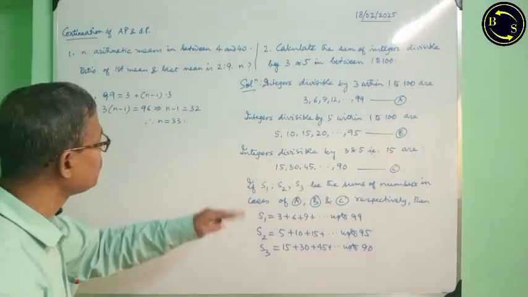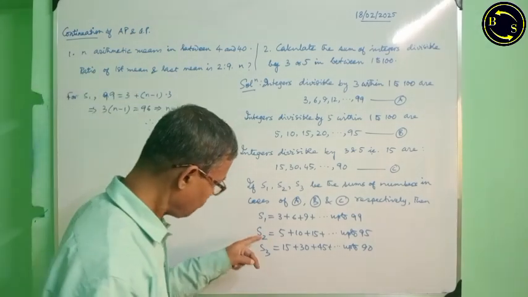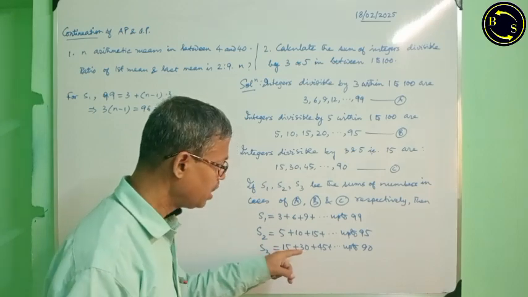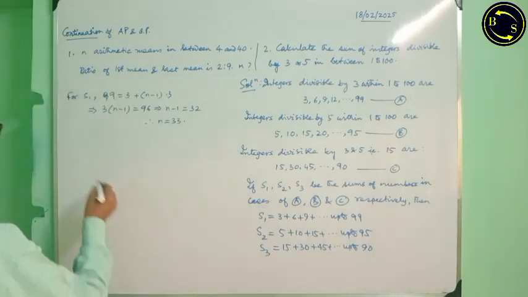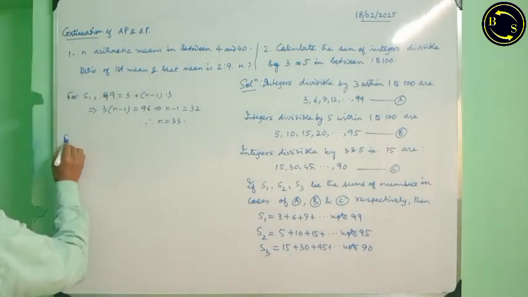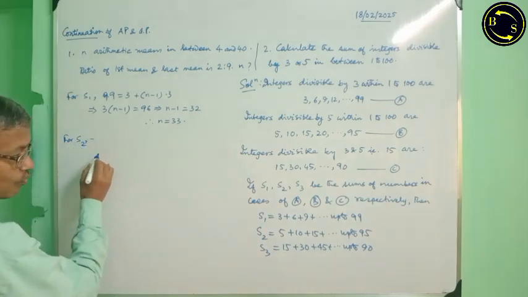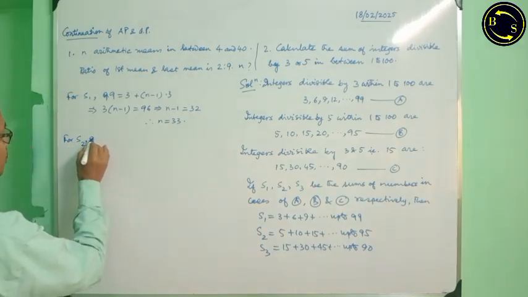Separately, we have to determine how many 5's are there in between 1 and 100, how many 15's are there in between 1 and 100. For S2, 95.